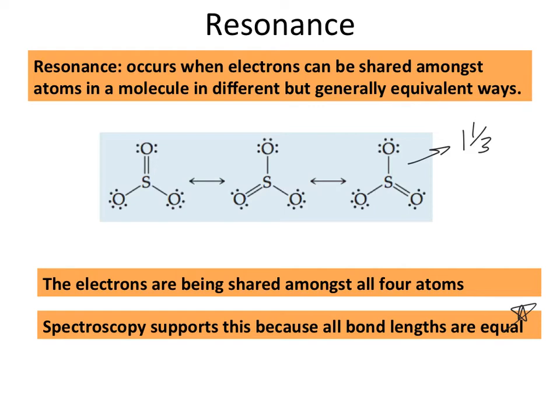So let's go ahead and look at another example. For CO3 2-, the carbonate ion, if we were to do our Lewis dot structure, we would get this structure as our best Lewis dot structure.